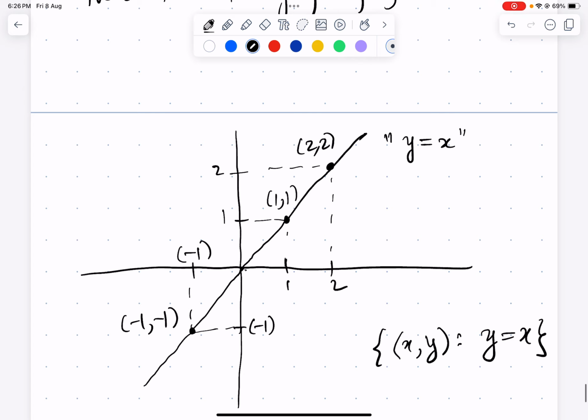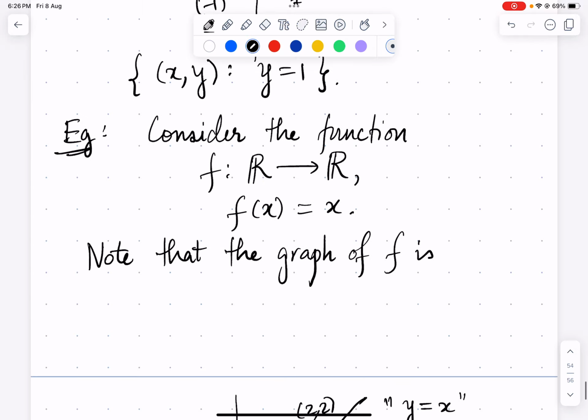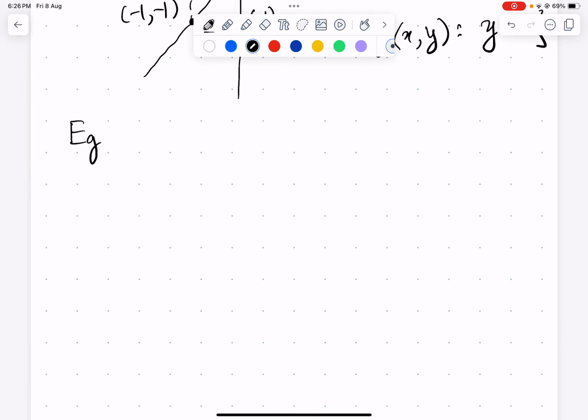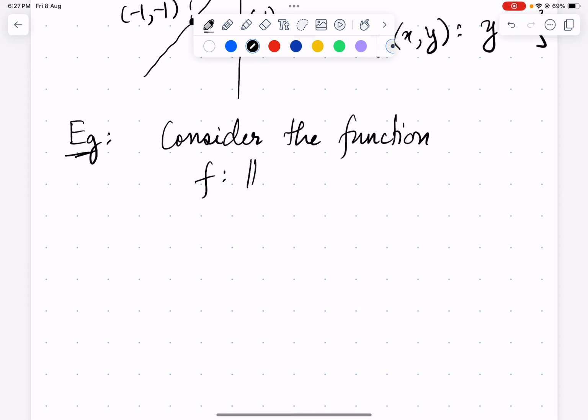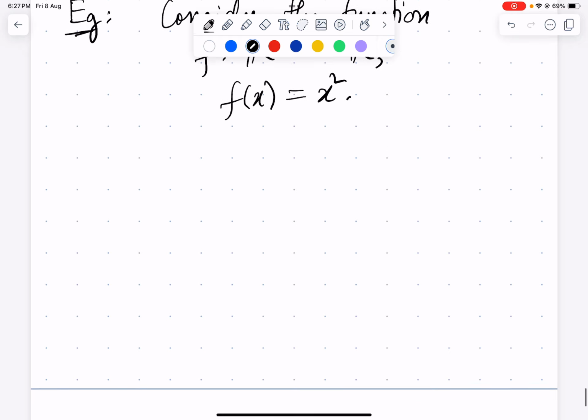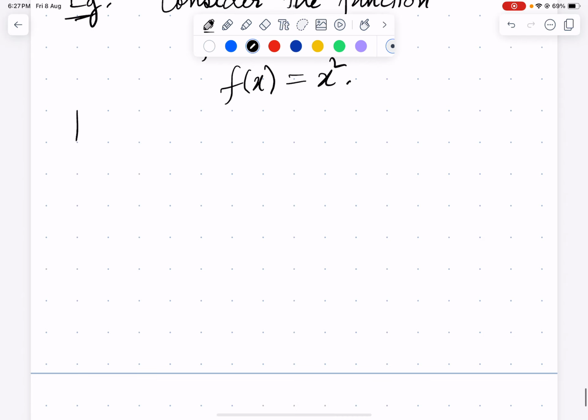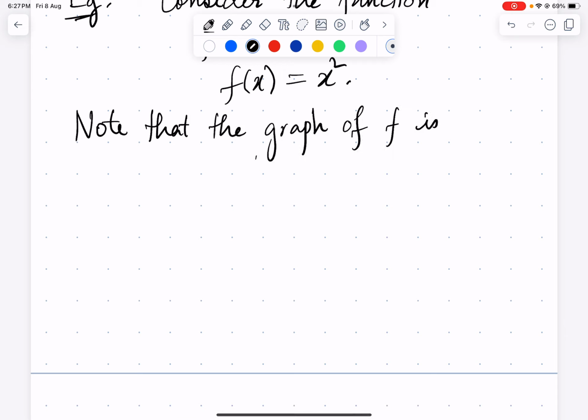So this is another basic function, and we can look at one more basic function. So consider the function f mapping from R to R, and f of x equals x squared. So it takes input x and squares it and gives it as the output. So what's the graph of f? Note that the graph of f is again the set of all input output pairs.